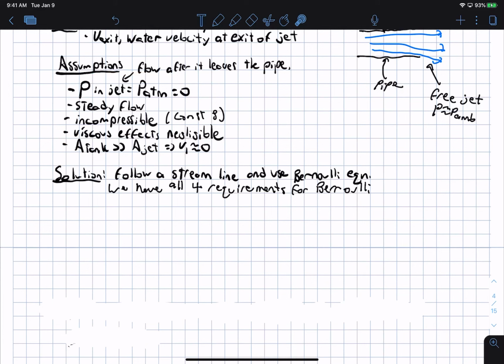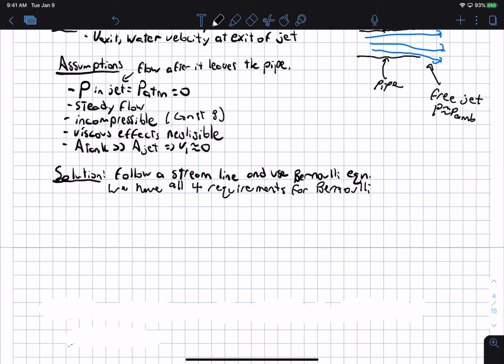If you use Bernoulli, you need to explicitly list that you have all 4 requirements satisfied. If you use Bernoulli without satisfying those requirements, you will lose points.